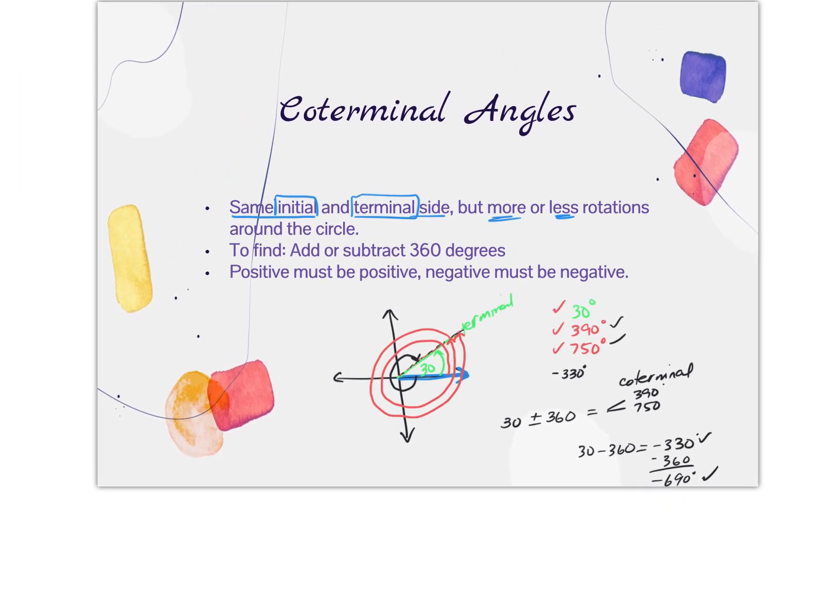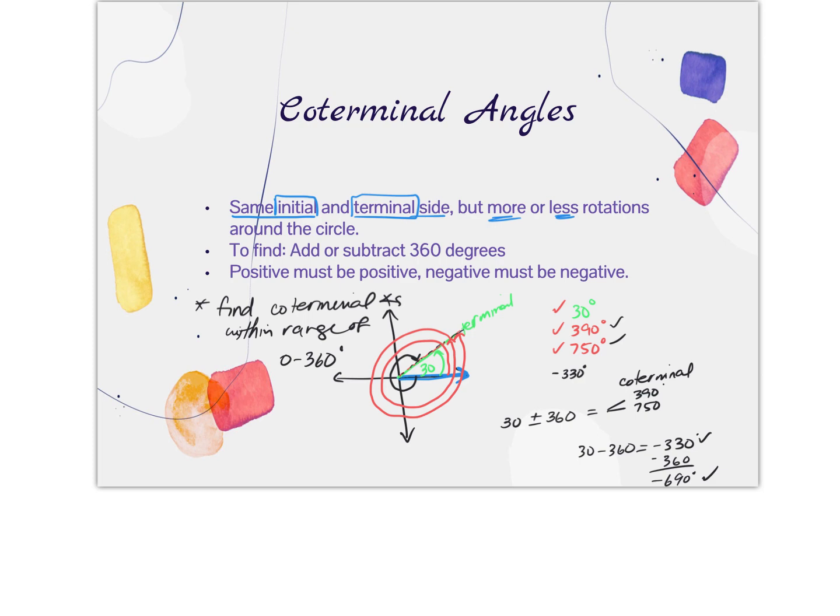What's important is I would prefer that you find coterminal angles within the range of 0 to 360 degrees. That's really what we're focusing on in this class, because we're going to use those coterminal angles between 0 and 360 to solve a lot of our problems.